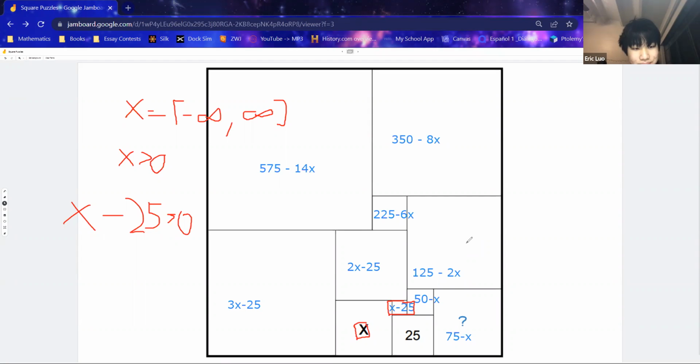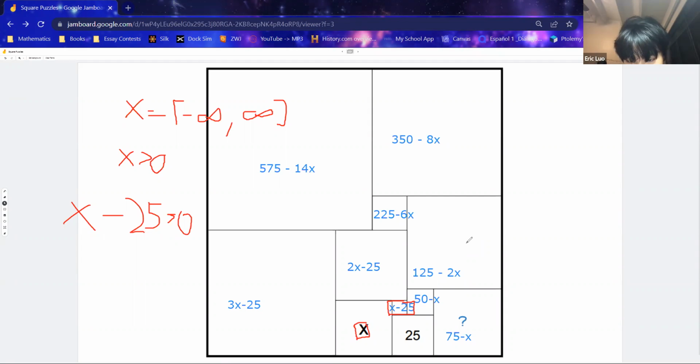If it's 26, then it would be 1, which is more than 0. So this idea is pretty simple. If we do this for every other one of these, then we could find the range of values that x could be.